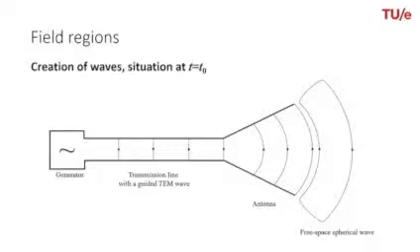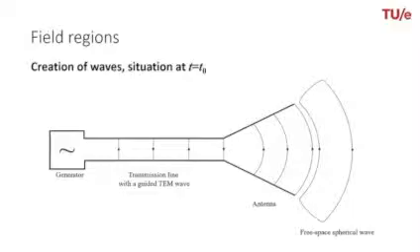Now, antennas are a kind of connection between electronics and the free space. So apparently there is a transformation from guided waves into radiated waves. And as indicated here in this picture, we have some kind of generator that generates a signal, and that signal can be transported over a transmission line, for example as a guided TEM wave.